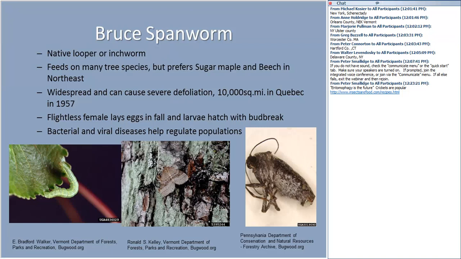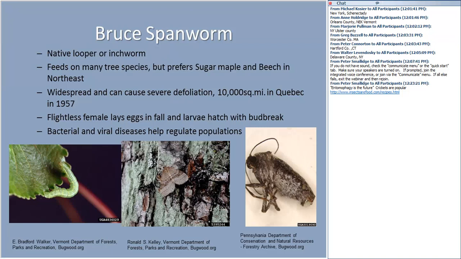Is there some aspect of the phenology, which also is very important with this insect? It's very similar to the fall cankerworm in that the adults emerge in fall. They may lay their eggs, and the eggs overwinter, and then the larvae hatch with bud break. And so it isn't the bud break itself that triggers the hatching of the egg, it's other environmental things.